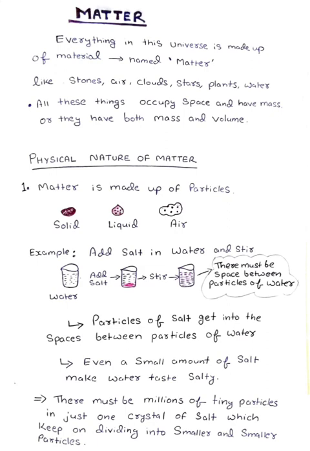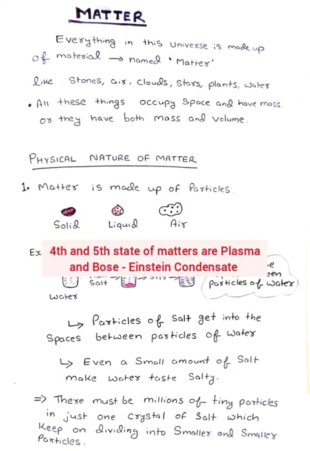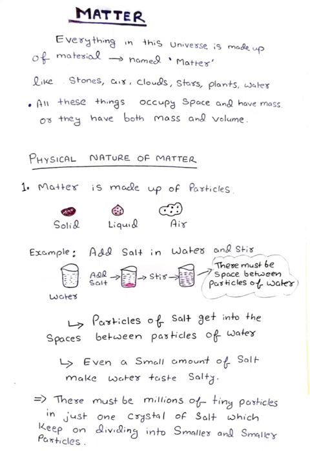You can see solid, liquid and air. Generally three states of matter exist in nature. There are also a fourth and fifth state that we will discuss later. First we will discuss solid, liquid and gas.